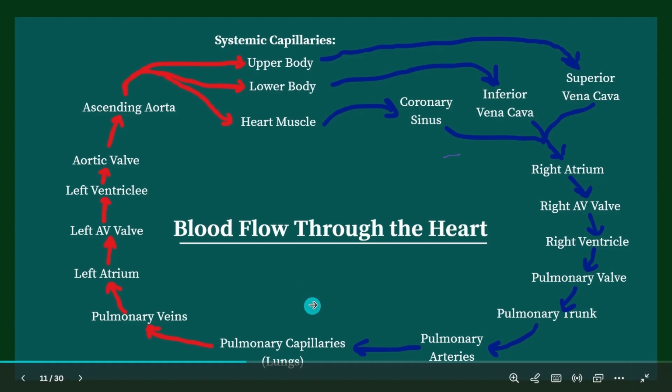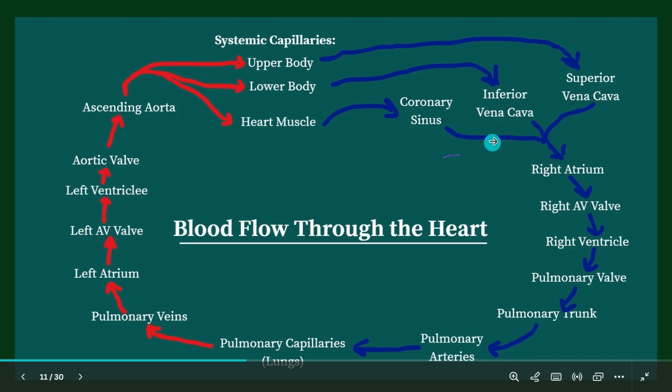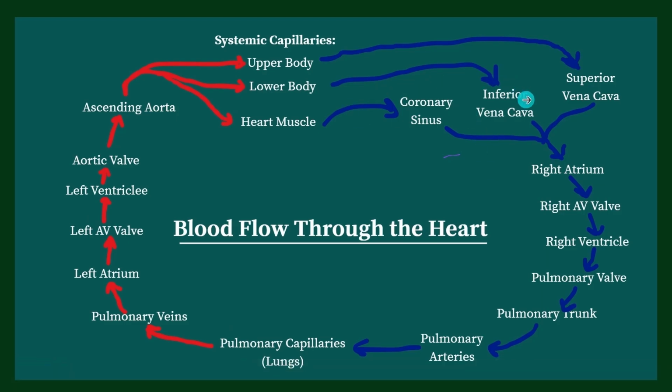Okay, so here is how the blood flows through the heart. So we have the capillaries, which are going to be on the perimeter, and here is where the heart stuff is happening. So I keep talking about how it goes left. Starts out with the deoxygenated blood going from the coronary sinus. That is blood that's supplying the heart.